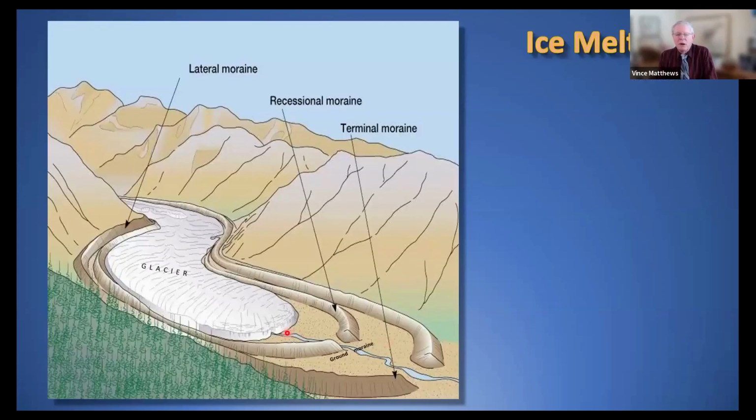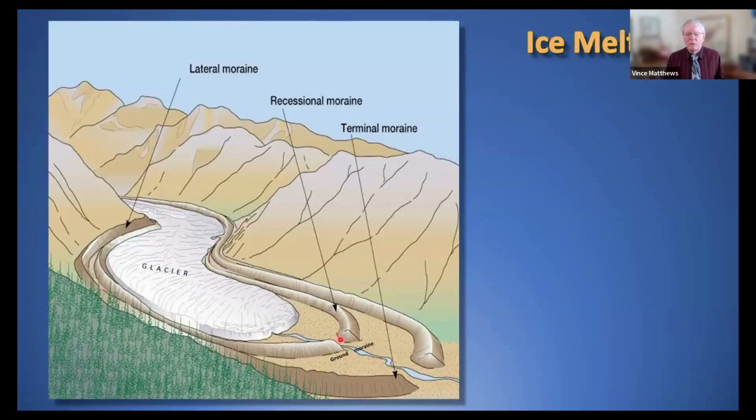So ice melts, and this meltwater runs out, and it forms a big outwash plain downstream. And guess what is here? All this loose debris that got dumped. The loose debris of the moraine, the loose debris of the ground moraine, of the end moraine, all of this material is very, very erodible.